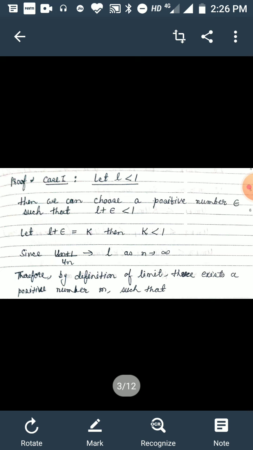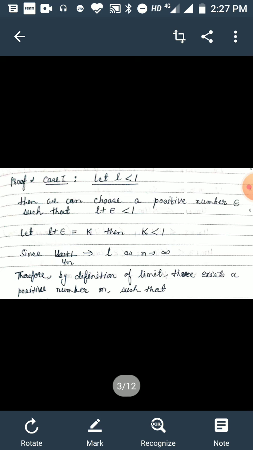Now in the statement of D'Alembert's ratio test, we have un plus 1 by un tending to L as n tending to infinity. This also can be written as un plus 1 by un tends to L as n tends to infinity.